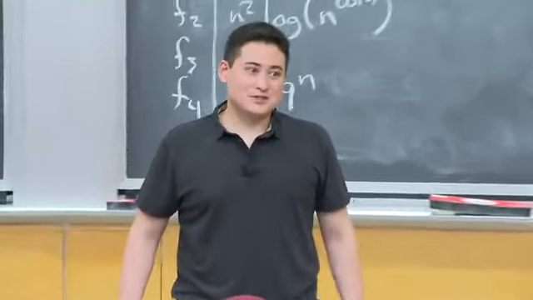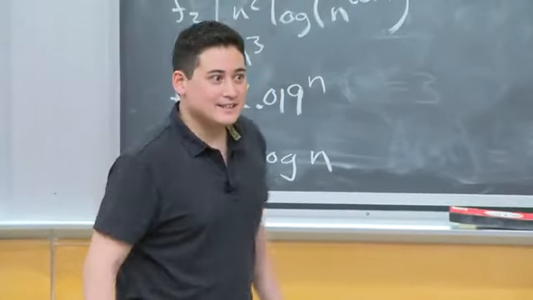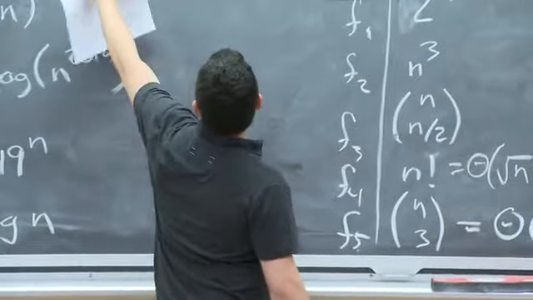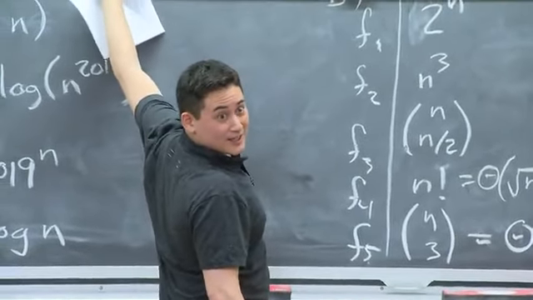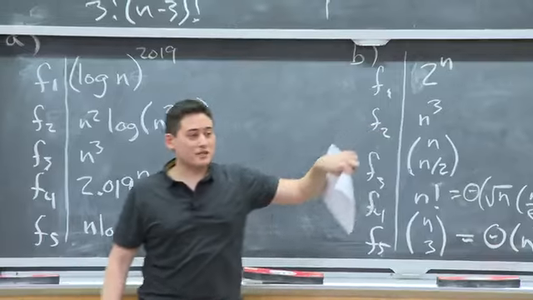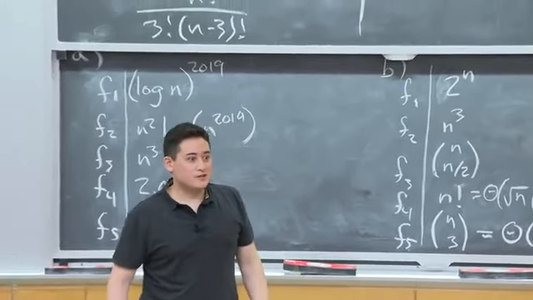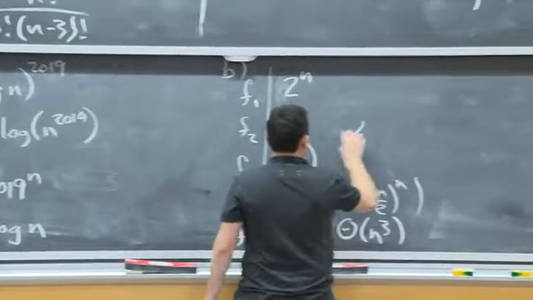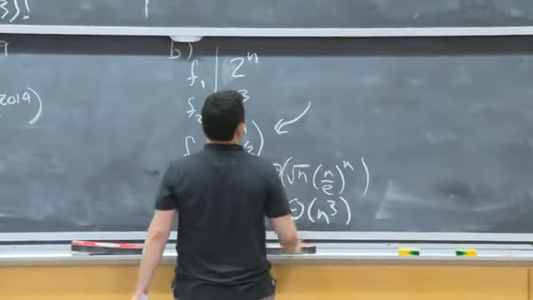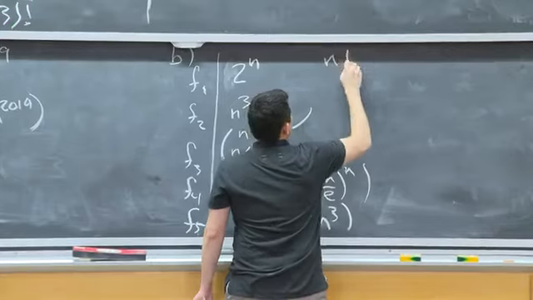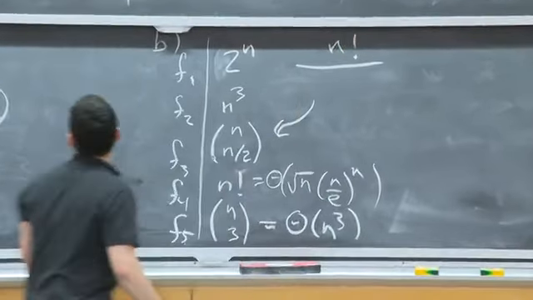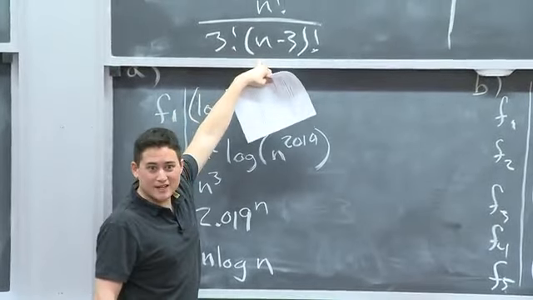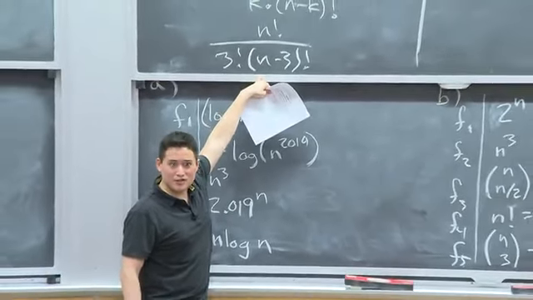That one's a little tricky. Anyone want to help me out here? What we can do is we can stick it into this formula and then apply Stirling's approximation to replace the factorials. That make sense? Okay, so let's do this in two steps. This is going to be n factorial over, what is this? N over 2 factorial, and then what is n minus n over 2? That's also n over 2.